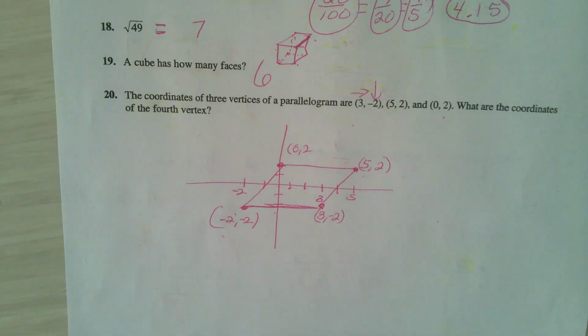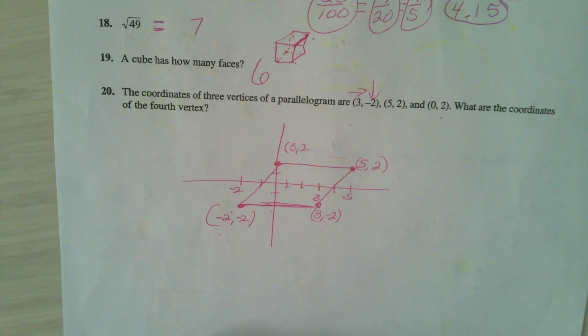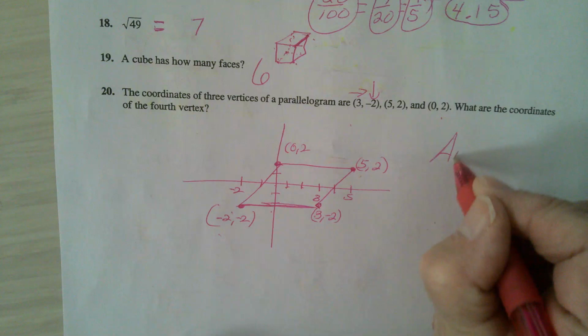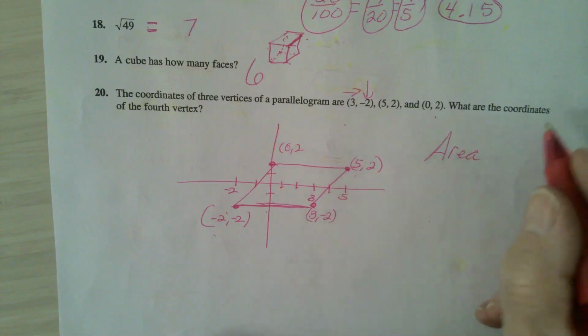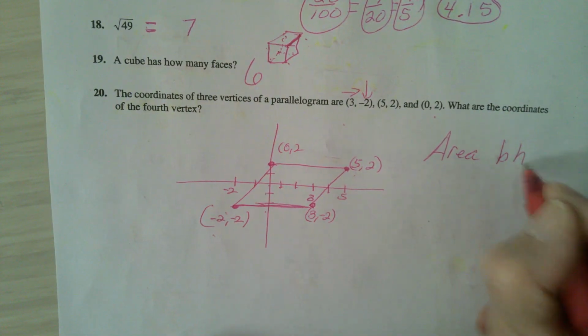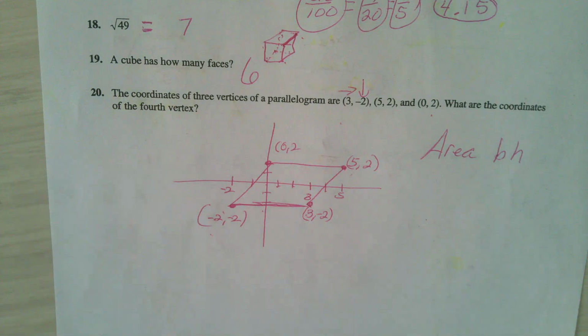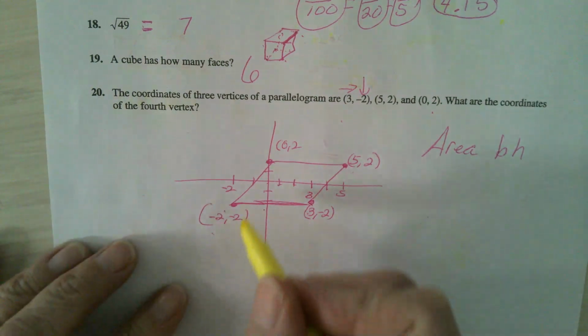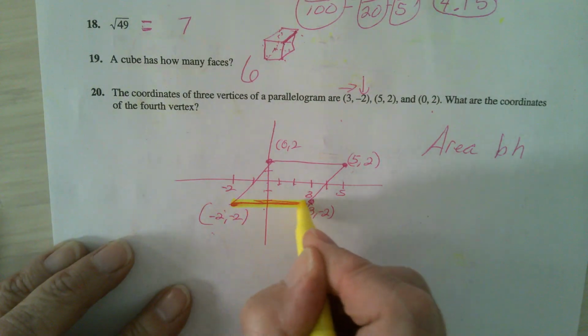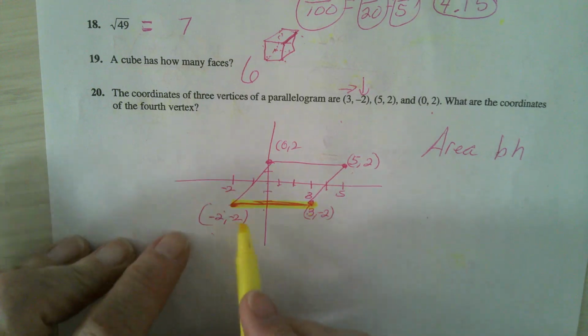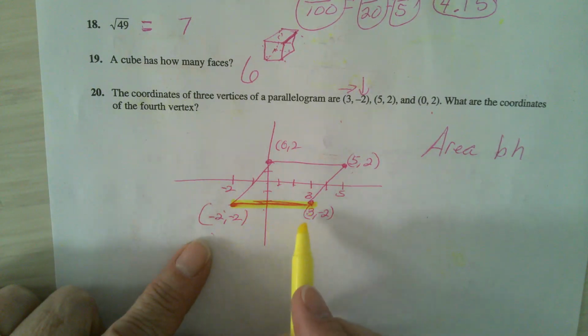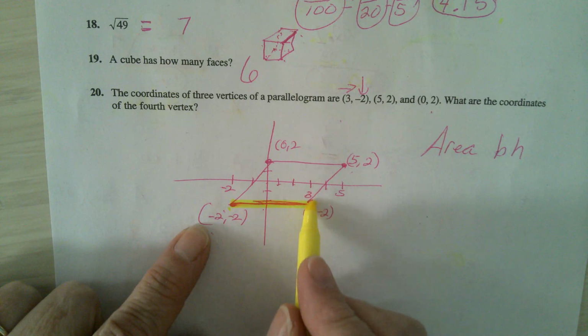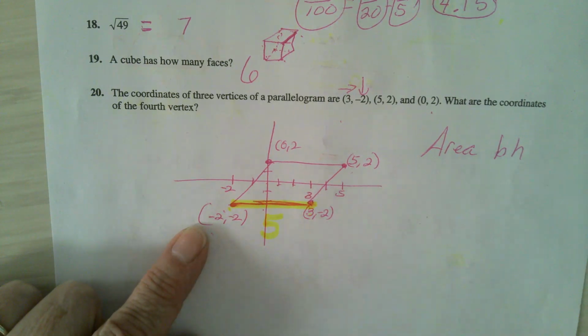Now, on this problem, let's say they want you to find the area of the parallelogram. The area of a parallelogram is base times height, right? Now watch this. This is your base. How long is it from here to here? Well, from -2 to 3 is 5, okay?